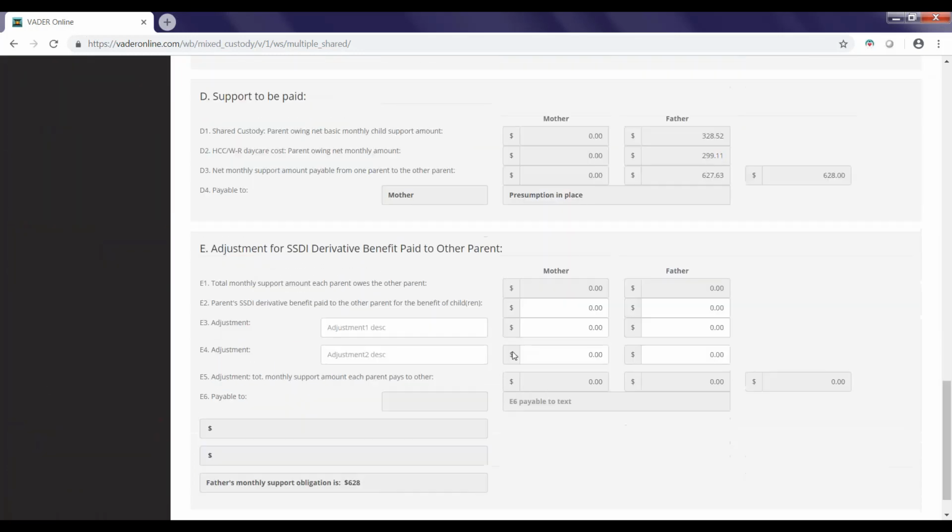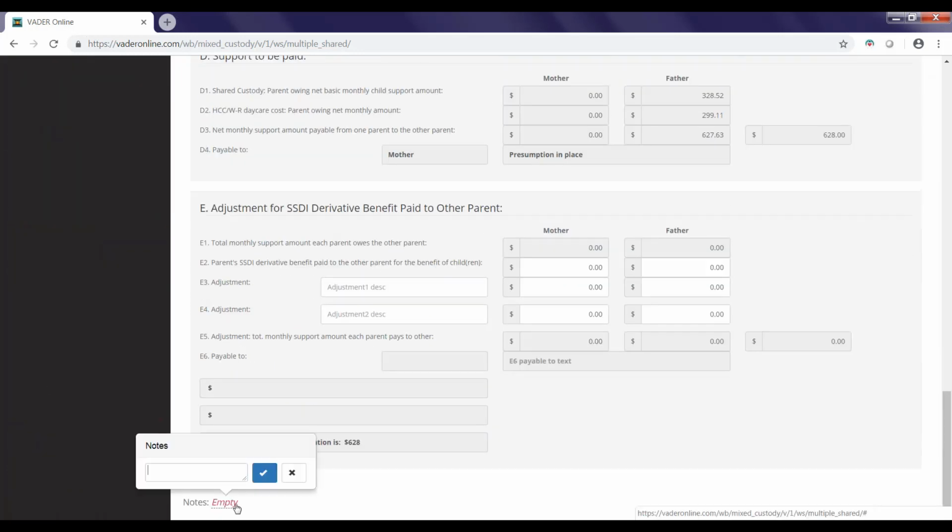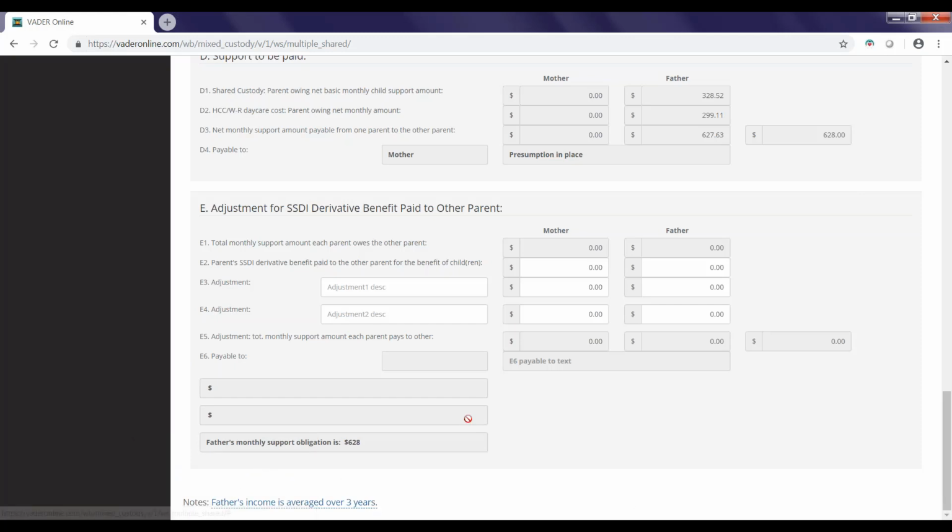I can come down to the notes field, and I can state that father's income is averaged over 3 years. So I just type that in there, I hit the check mark, and you can see that we have that note.